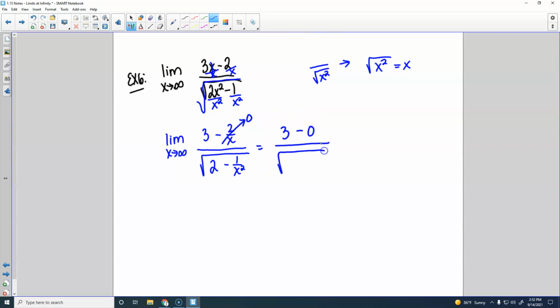I've got this square root here, but our properties of limits let us take the limits of what's inside of that square root and just leave the square root there. So I'm going to have 2 minus 0 here. So I've got 3 over root 2, and you can leave it like that. If you're doing one like this in your textbook, they probably do rationalize and call it 3 root 2 over 2. But it's fine to leave it as 3 over root 2.